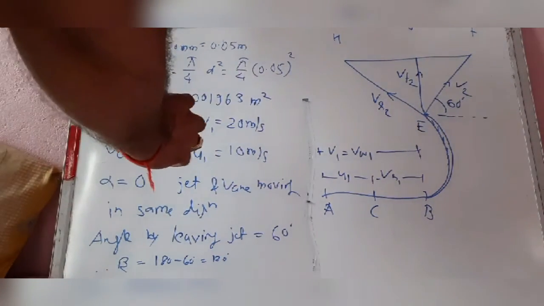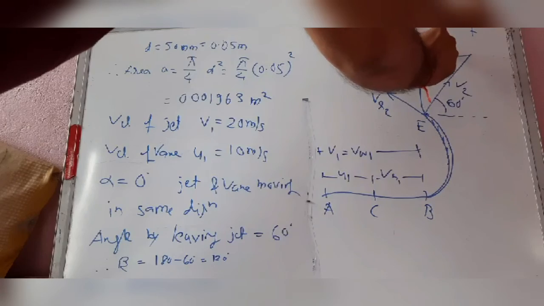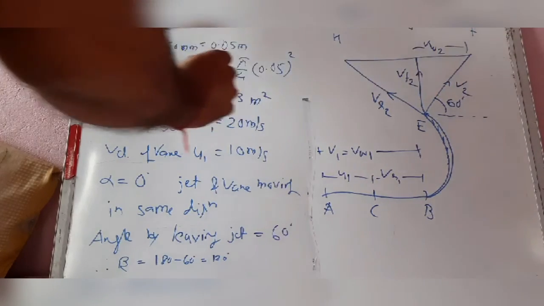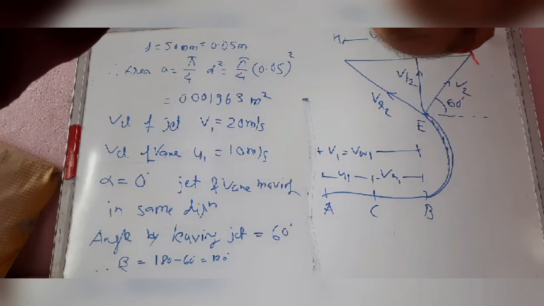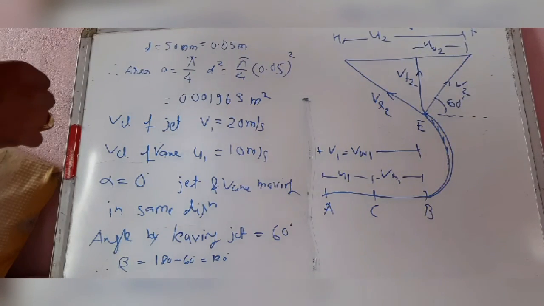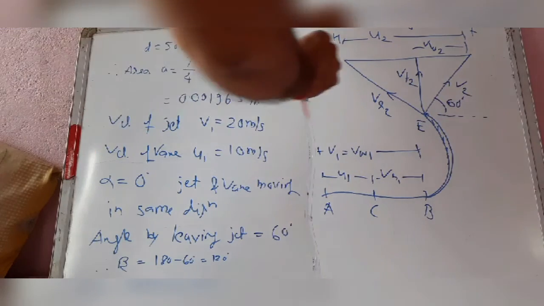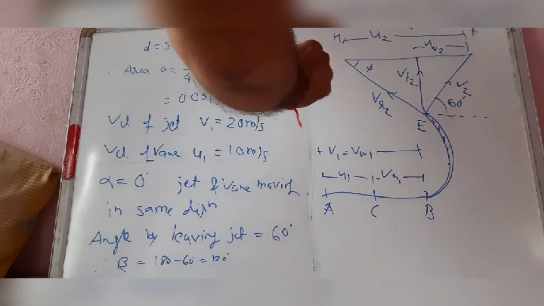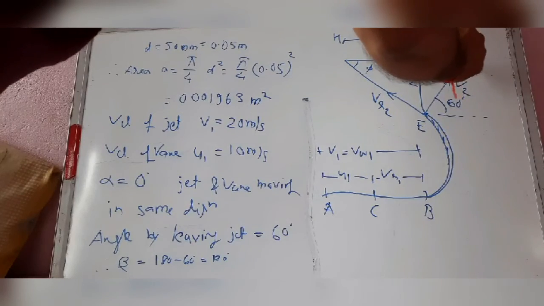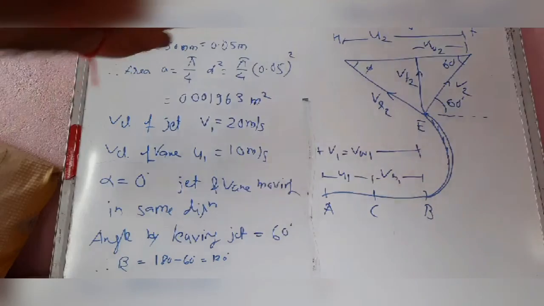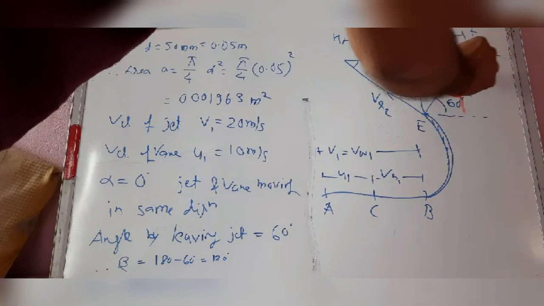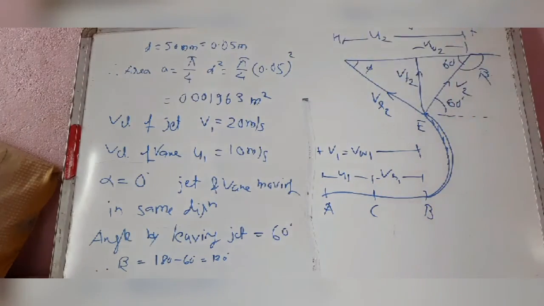In the outlet triangle, this is VW2, this is U2. Here the vectors are different according to the question, and this is angle phi, this is angle 60, so this is also 60, and this is angle beta. V2 makes angle beta with the horizontal.